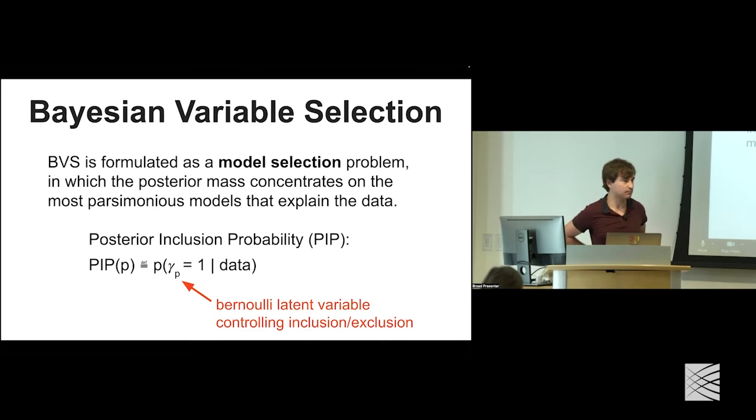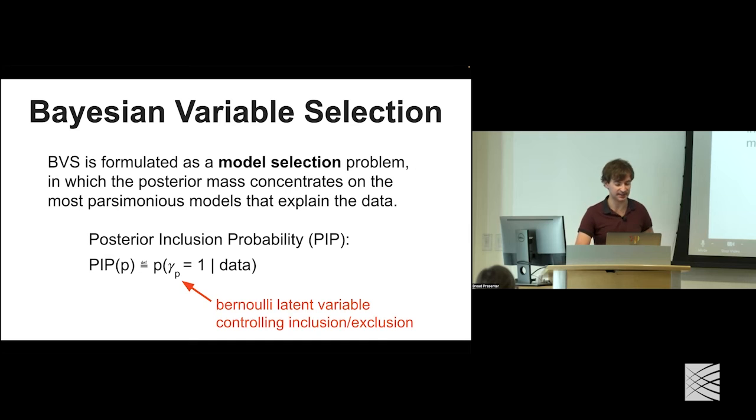One of the nice side benefits of explicitly reasoning about inclusion and exclusion of covariates is that it makes it easy for us to compute a posterior inclusion probability, or PIP. This is basically a probability or a score between 0 and 1 that encapsulates the statistical evidence for the connection between the pth covariate and the response y.